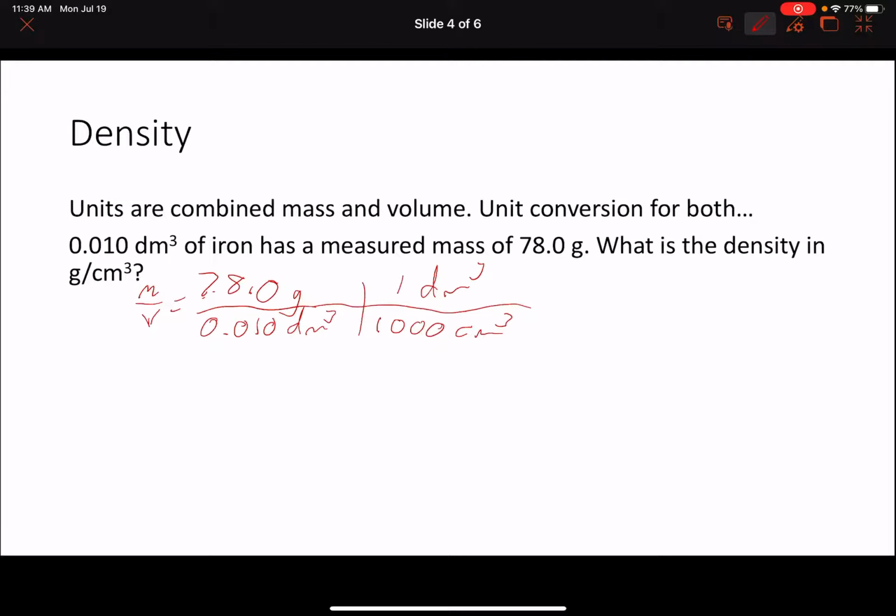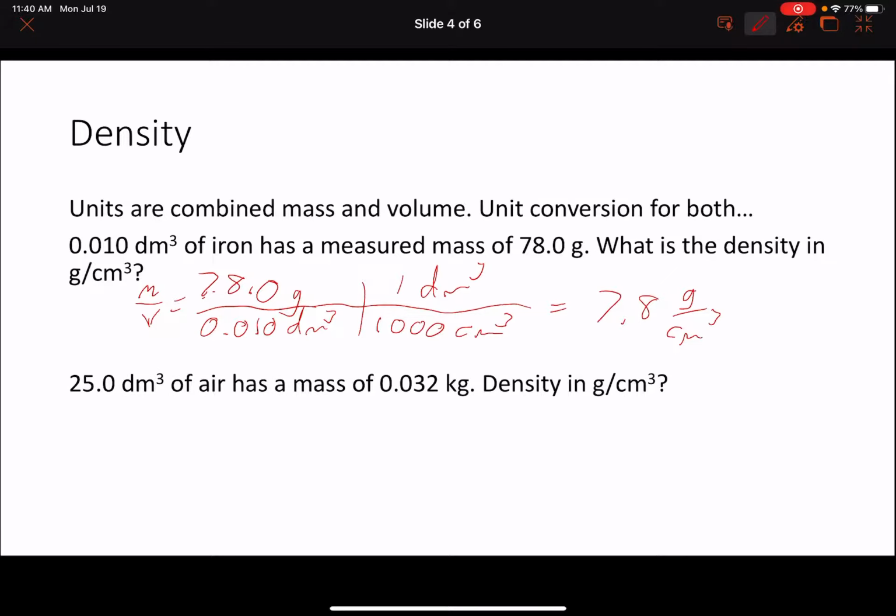Then we plug all this into our calculator, divided by 0.01, divided by 1,000, and we're left with a density of 7.8 grams per cubic centimeter. And that's how you would do that conversion. I wanted to show how to do those cubic length conversions for volume.